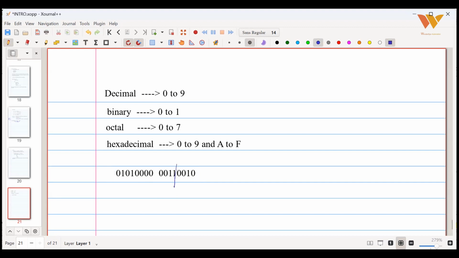Now it will make a group for a nibble. So now these 16 bits, you can represent 4 bits at a time. Now, if I convert this binary to hexadecimal, this is 2, this is 3, 0, this is 5.